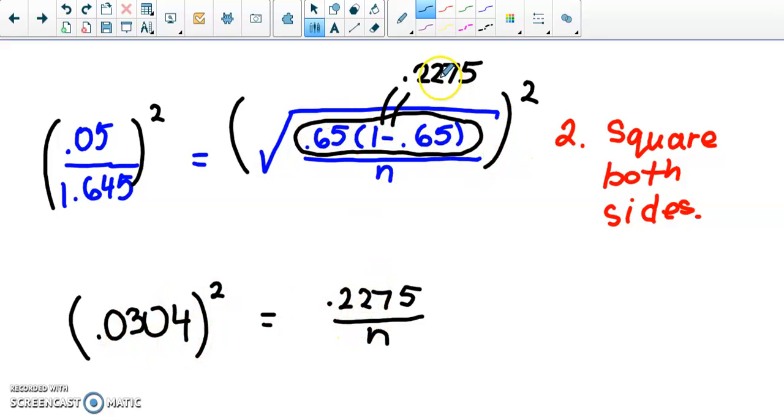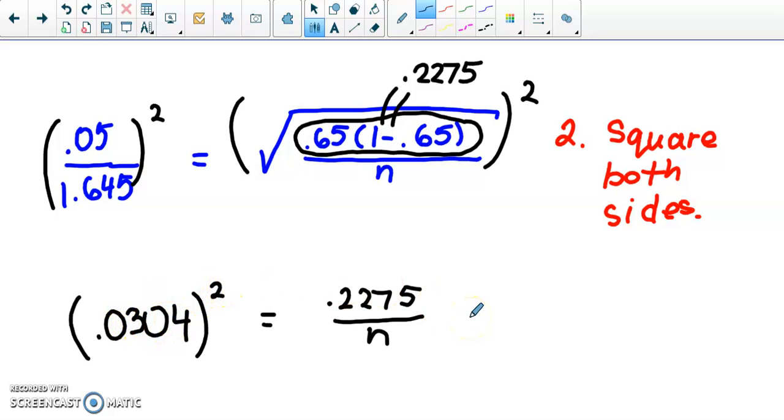Again, this is just 0.2275, and if you divide these two, they give you 0.0304. I'm not going to raise that to the power of 2 because often if you do that in other problems as well, this will become very tiny and your calculator will give you a scientific notation. And it's going to be harder for you probably to express this number and write it down. So I will just leave it as 0.0304 to the power of 2.